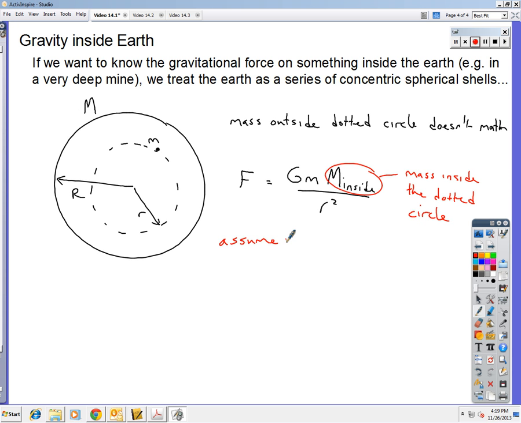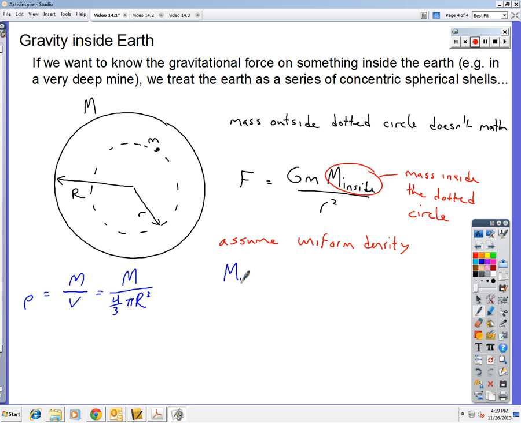So I'll put that in red letters so that we know that it's not a good assumption. And we can say that the density of the Earth is the mass divided by its volume. So the mass of the Earth divided by the volume, which is 4/3 pi R cubed.